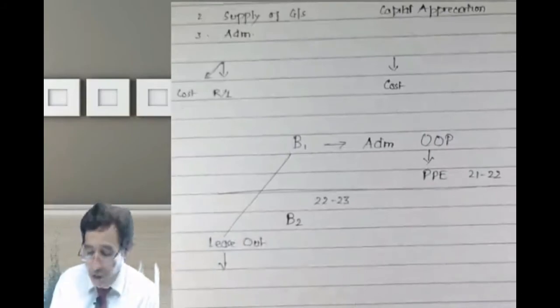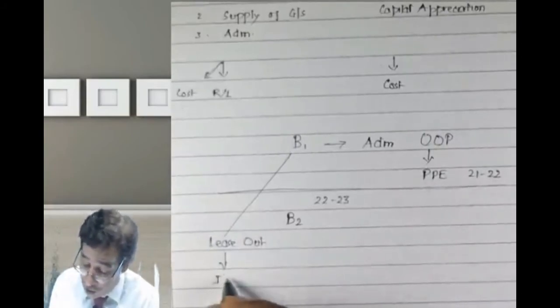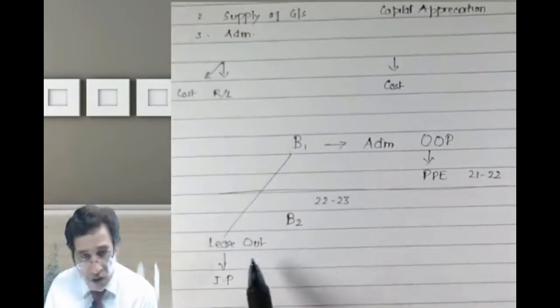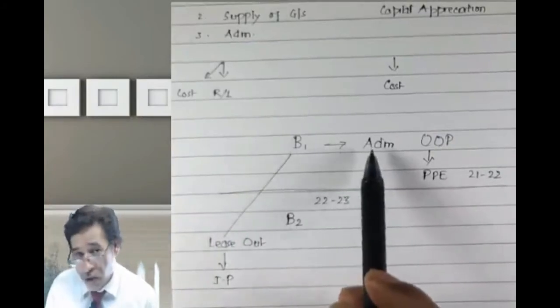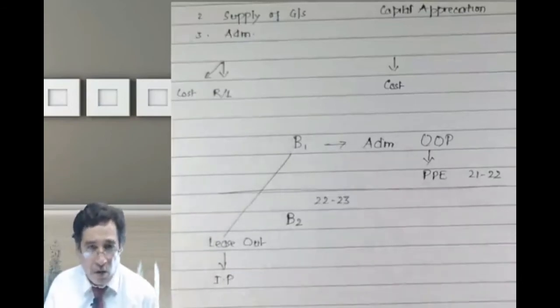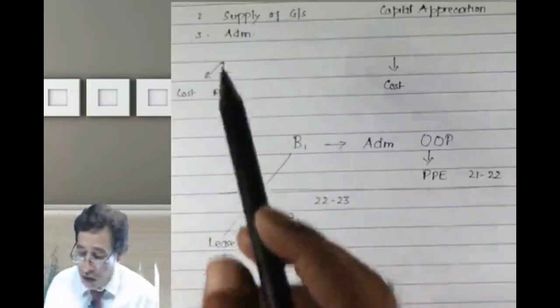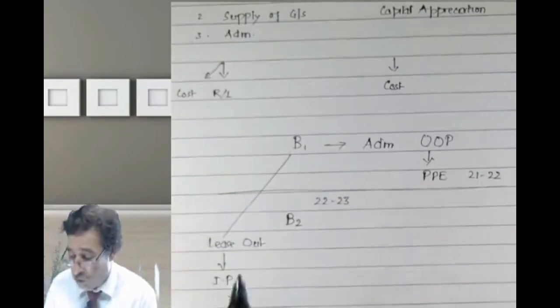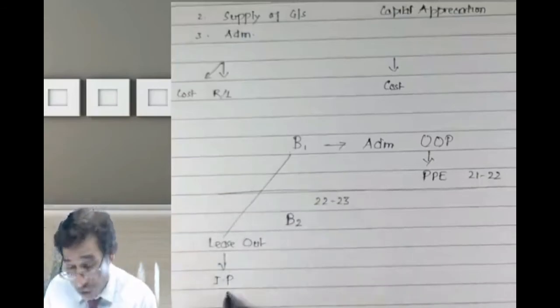The old building will now become investment property because your purpose and intention has changed. Earlier the intention was to use it for administration purpose, and now the same building has been leased out. That means your intention has shifted to rental, or to having capital appreciation. So this will be reclassified as investment property.